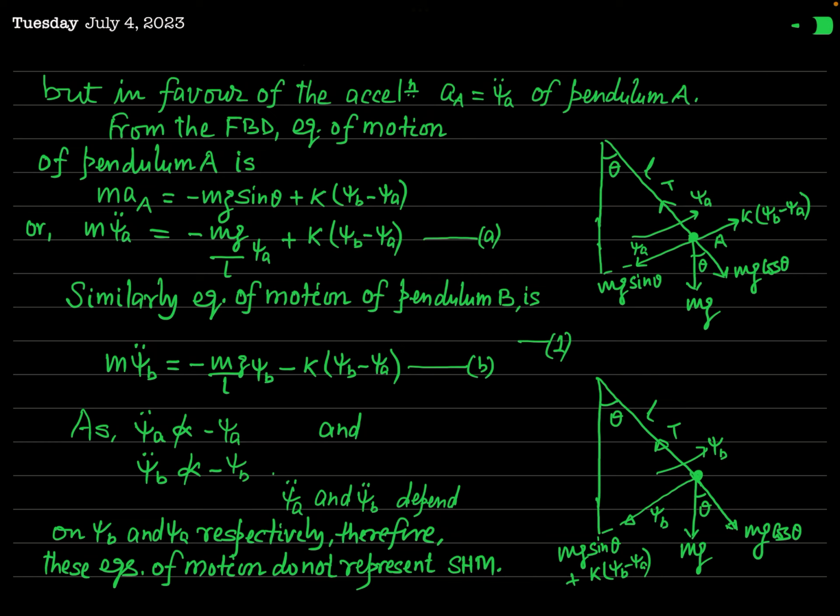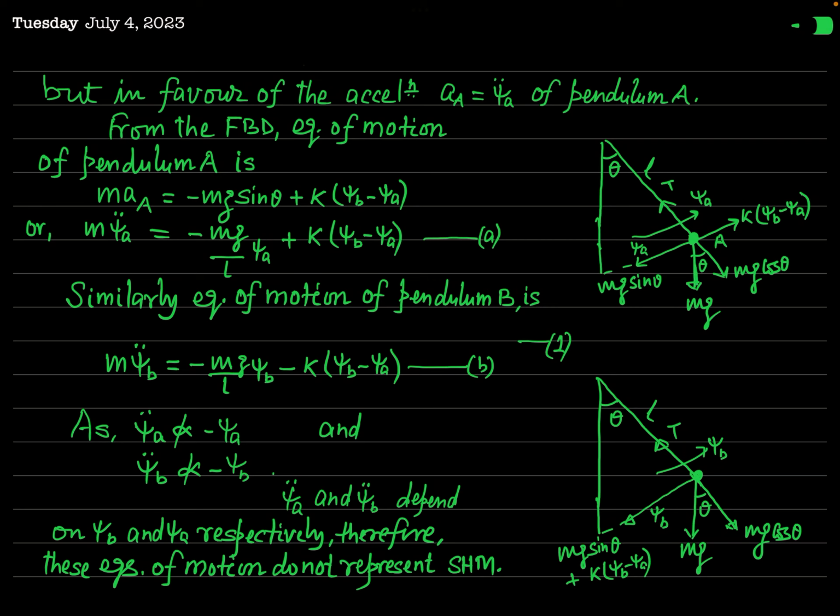For writing the equation of motion of the two pendulums, let us see this free body diagram. Here I have shown the free body diagram for the pendulum A. As the mass of the bob is m, the force of gravity mg will act on this bob in the vertically downward direction.